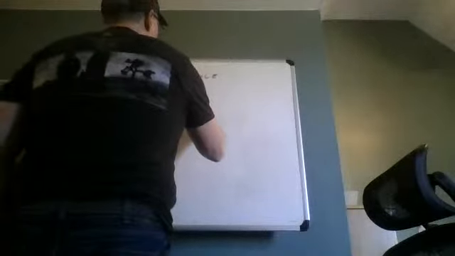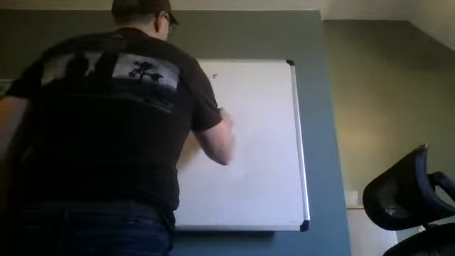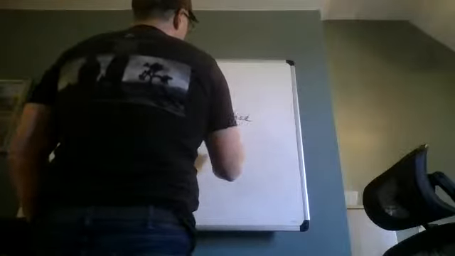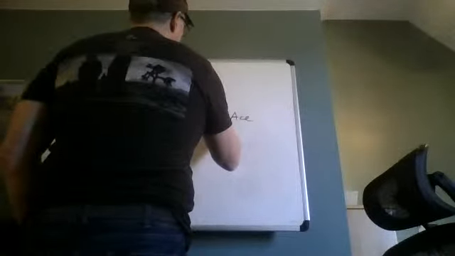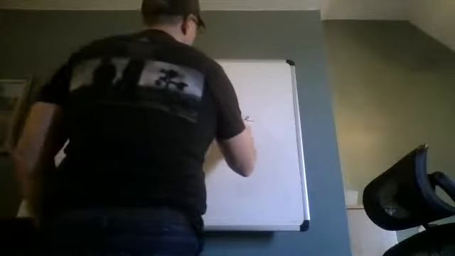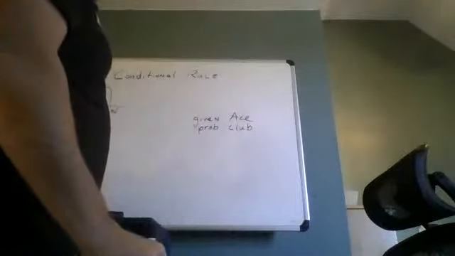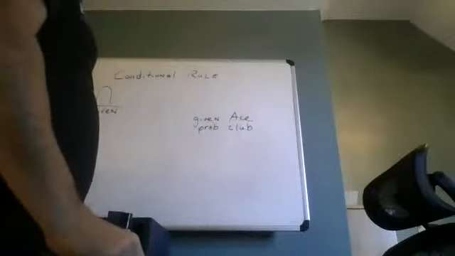Given that it's an ace, what is the probability that it is a club? This one's easier. Given that it's an ace, what is the probability that it's a club?